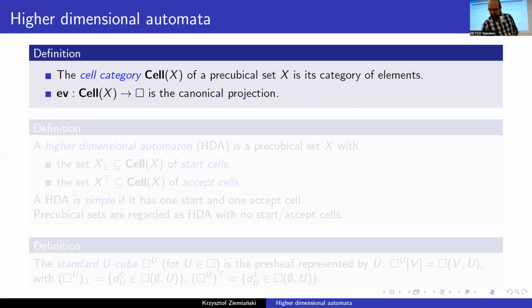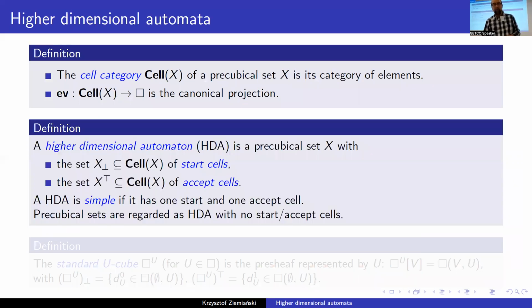And what is a higher dimensional automaton? You need to define the start cells and accept cells. So we have a cell category, which is the category of elements of your presheaf. And the higher dimensional automaton is just a precubical set with some distinguished cells, elements of the cell category, which are start, and some distinguished elements which are accept.